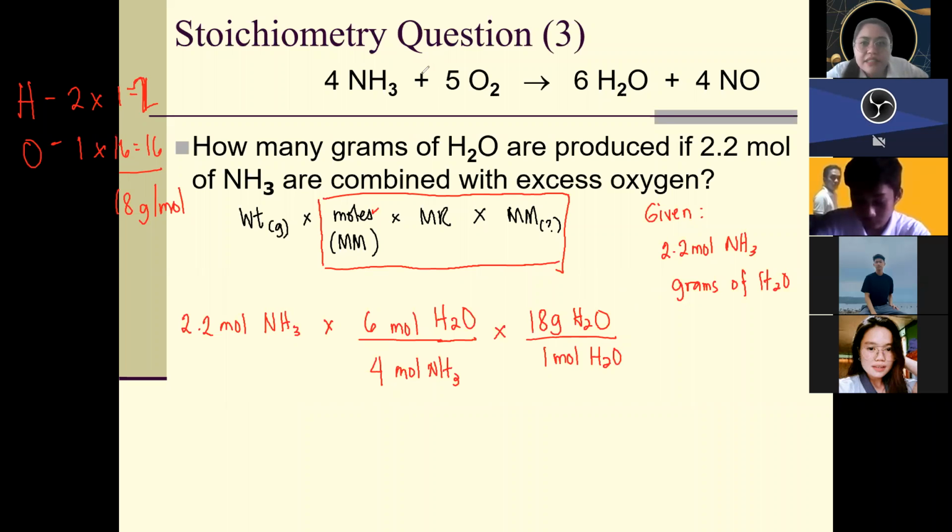Okay? Let's see the chat. It should be 18. Kindly check why 17. And then let's cancel the units. You have moles of ammonia, moles of water, and what is left there? Grams of water. So we can compute.